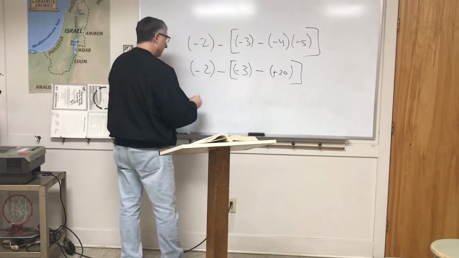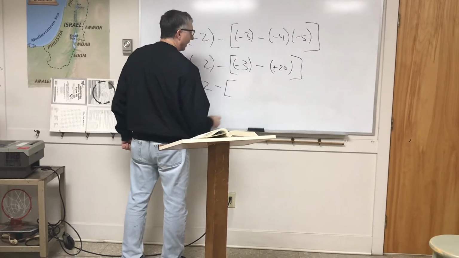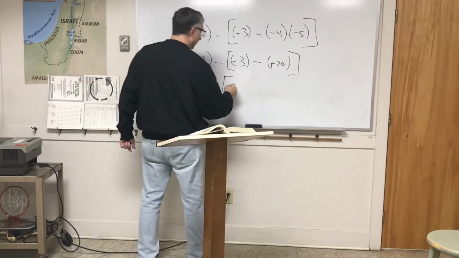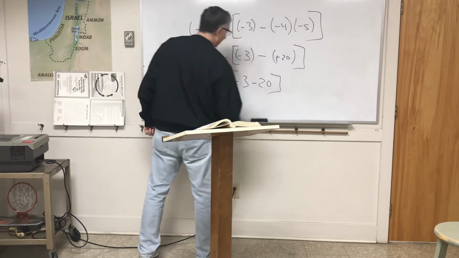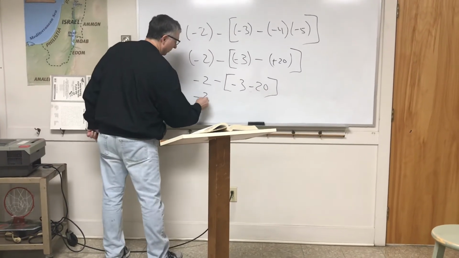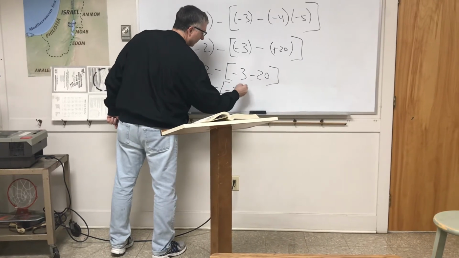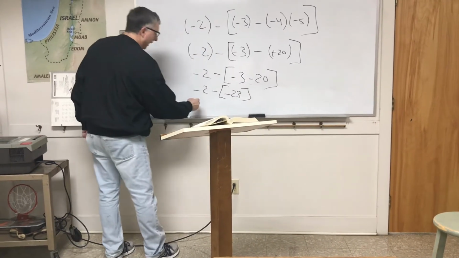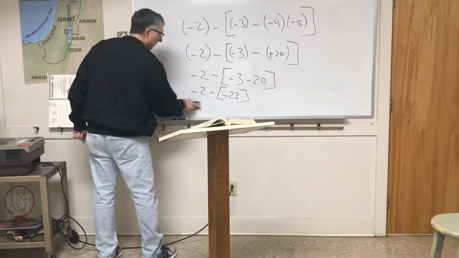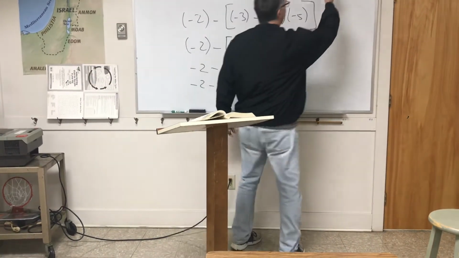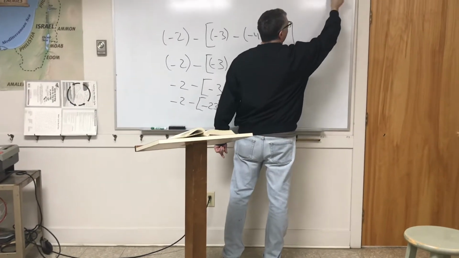I'm going to drop the parentheses where I can here, and then inside parentheses I have a -3 and a -20, and so taking it one step further, I have a -23, and so I have a -2. Let me just move this over here, so -2, and then a +23.